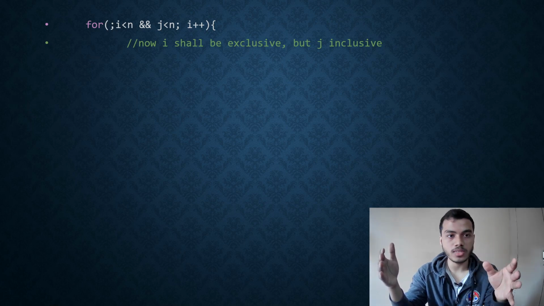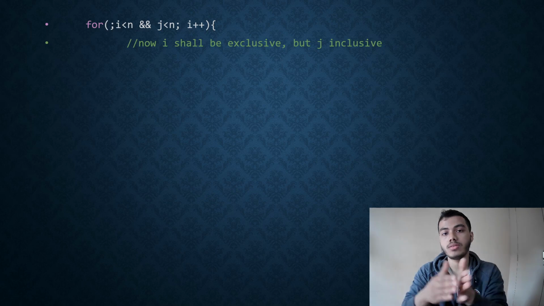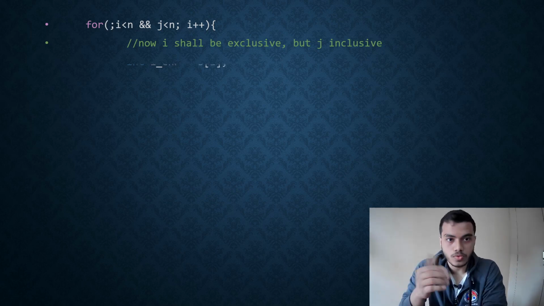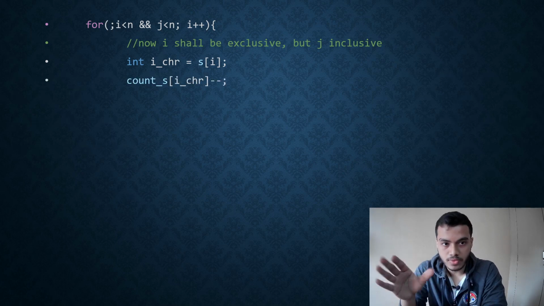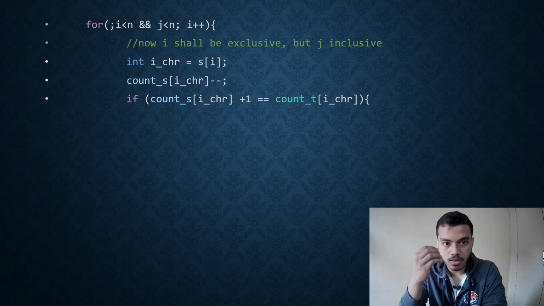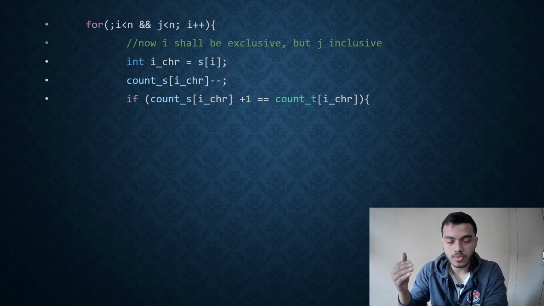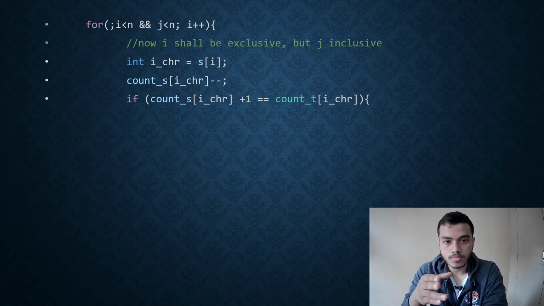Like, upon removing the character I, if our characters matched reduces, what is the minimum index of j such that our sliding window is again valid? That is what we are going to do. Let's see. So this is our I character. We have removed it from the count of s, and if it got reduced below the count of that character in our t string, then we reduce the C matches.